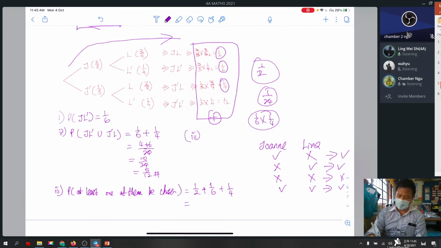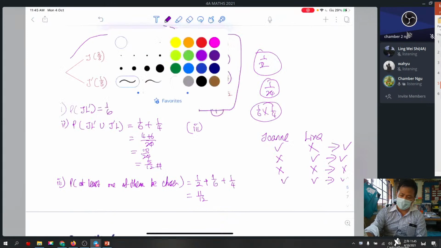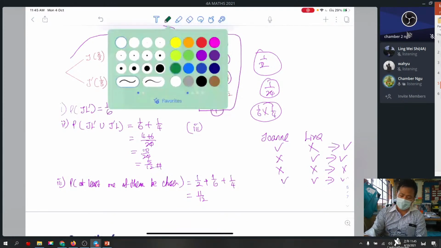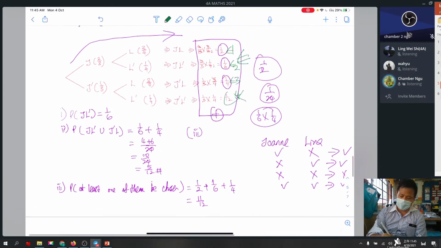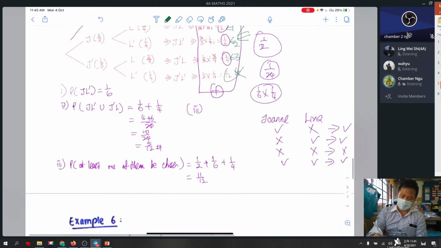11/12. Yeah, 11/12. Okay, you see from this one, we have 1, 2, 3, and 4 choice. And the one is 1, 2, 3. We only left this one is not right. So it's actually, we can also say the answer is 1 minus 1/12.